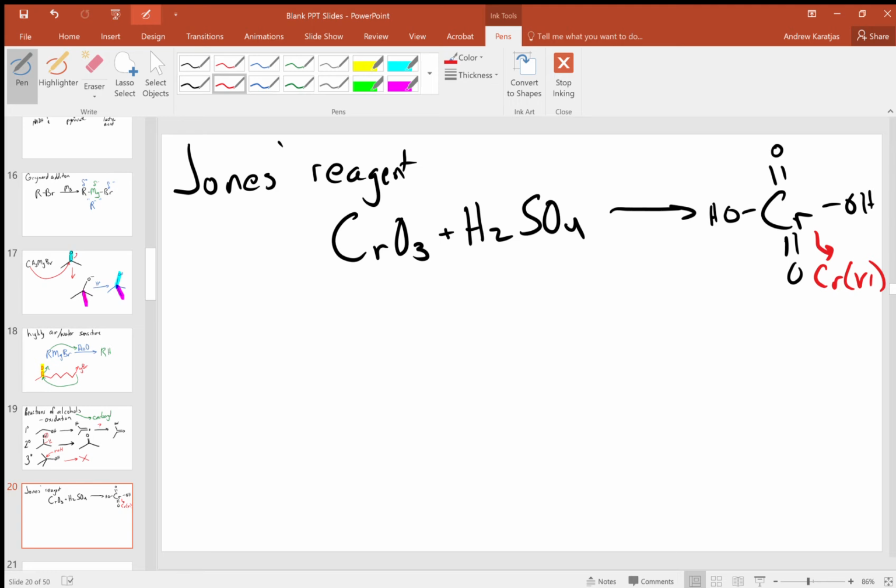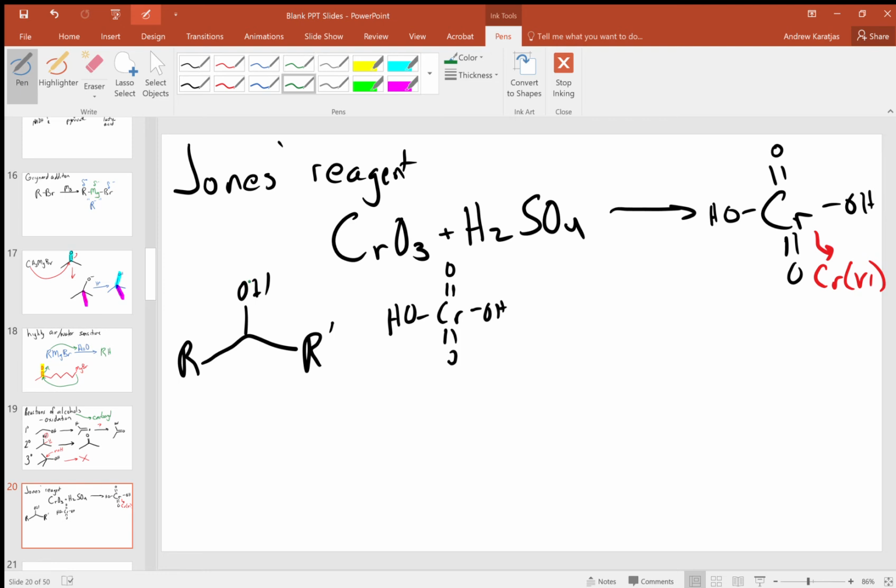So how does this reaction work? We'll start in this first example with a secondary alcohol. And so under these conditions, the alcohol is able to remove a proton from the chromium species, taking us here.